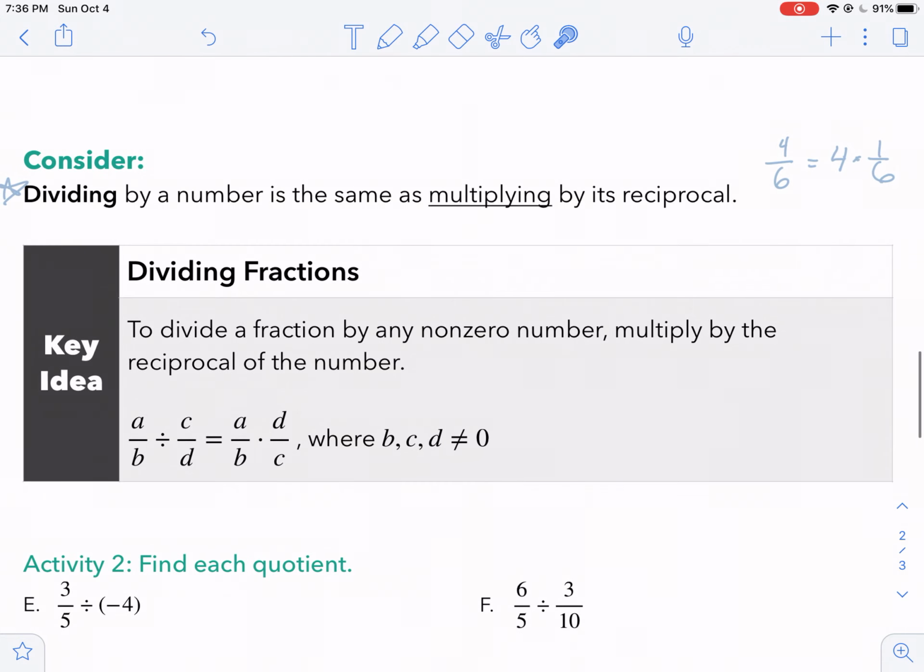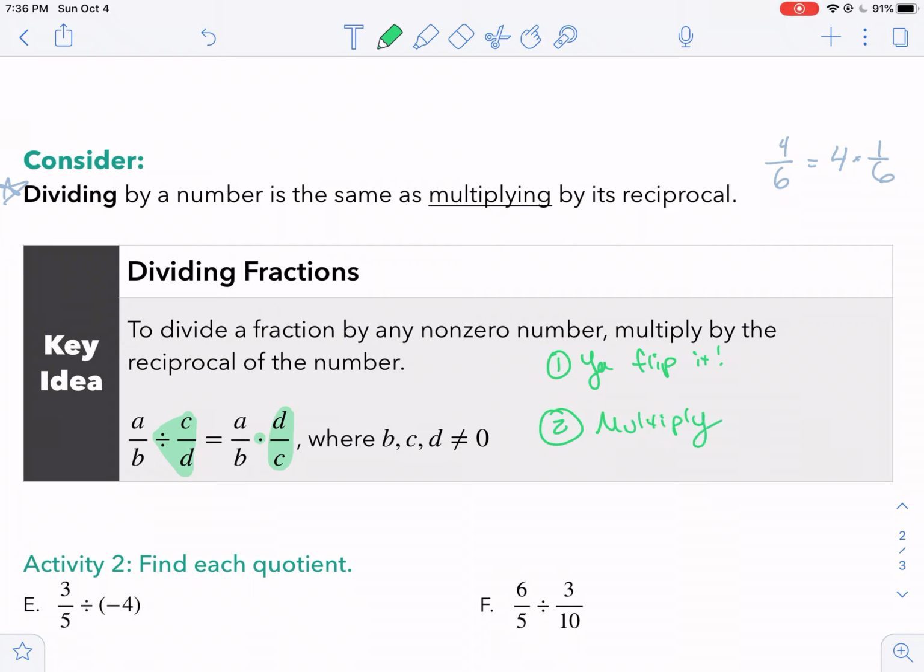Alright, so how do you divide a fraction? Well, you just multiply by the reciprocal. So what does that mean? You take this number here, if you want to divide by c over d, first you flip it, and then you multiply. So what do we do here? 1, you flip it, and then 2, you multiply. That's it.